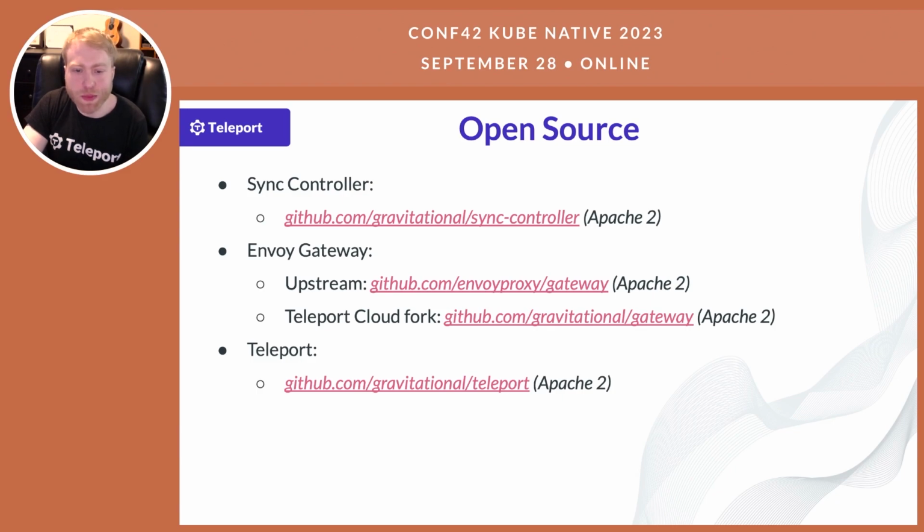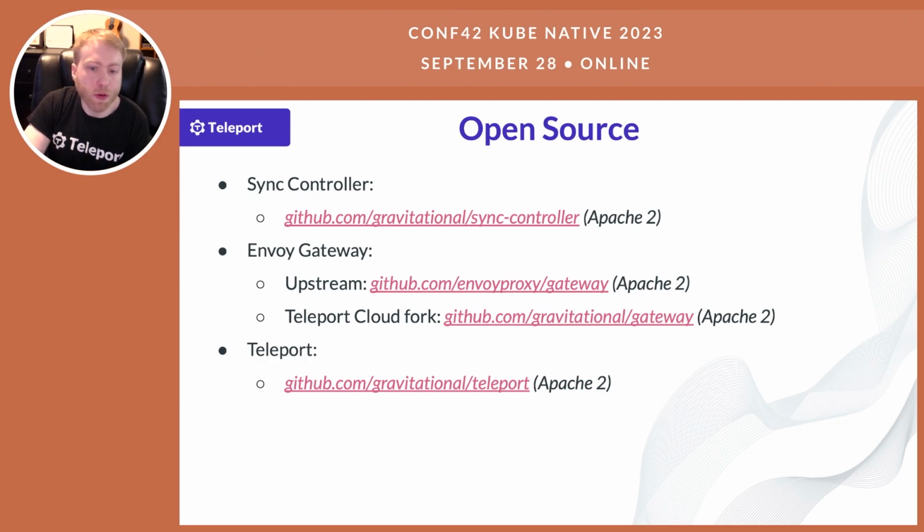Just as a reminder, a lot of the stuff you saw today is open source. Sync controller is Apache 2 licensed. We actually just open sourced this a couple days ago. Please check it out. It's not something you deploy to a Kubernetes cluster. It's a tool you can use to build. It's a reconciler you can import into your own controller manager that'll let you create a management plane using your own custom resources.